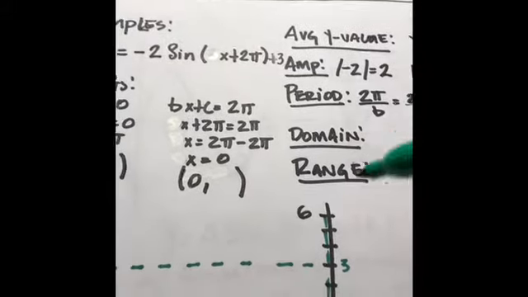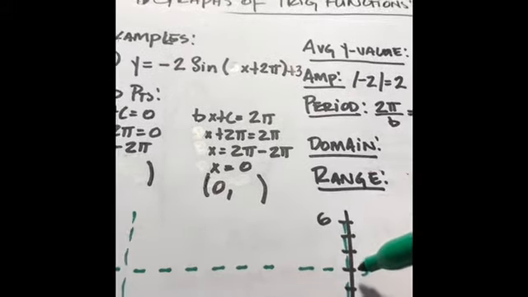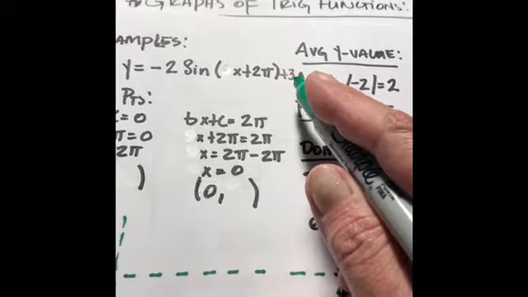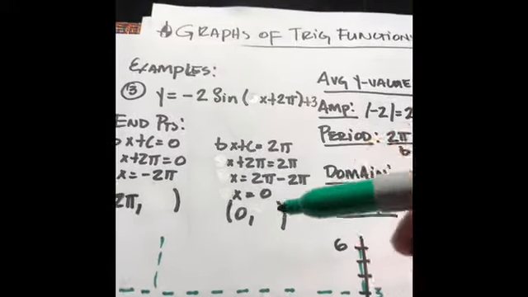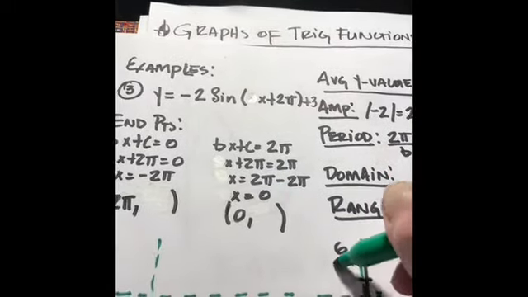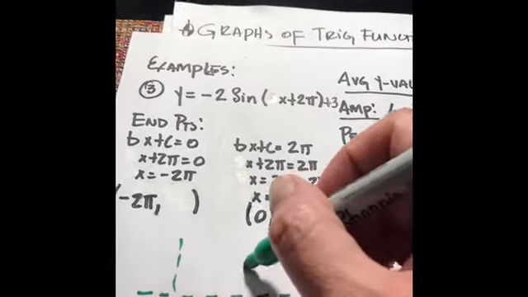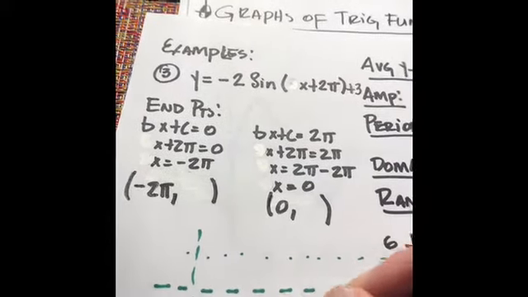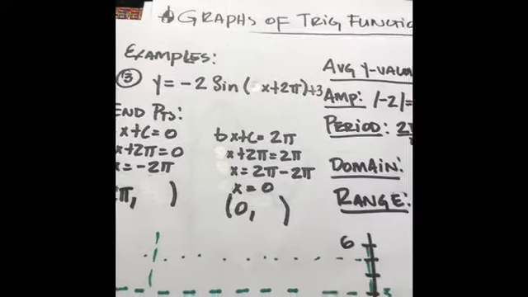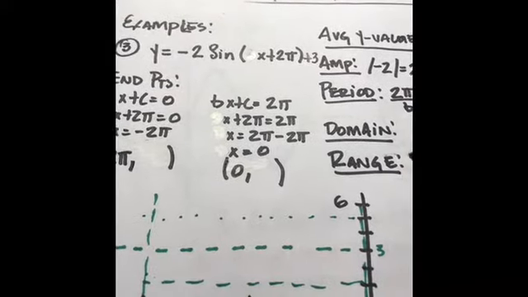So from the average y value, which in this case was at 3 because the graph got shifted 3 units up, I count 2 units above that average y value, which is right there, and 2 units below the average y value, which is right here. And there I have my box.